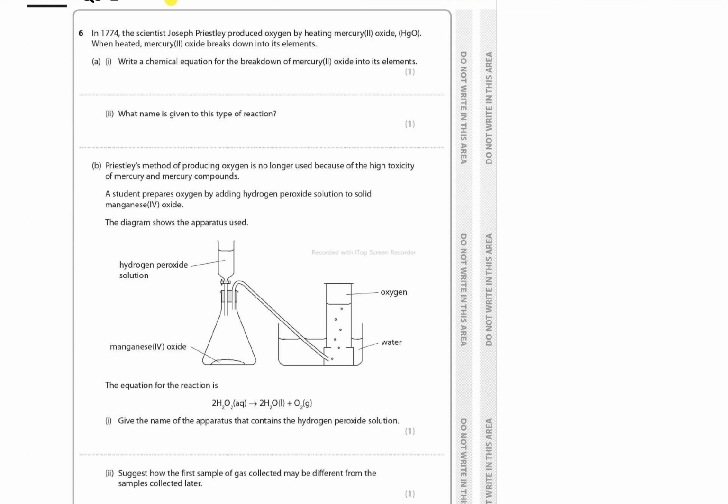Right, Mr. Priestley produced oxygen by heating mercury(II) oxide. Right, so we know he heated that, and we know he got oxygen. So now it's obvious then there's mercury left. Now we need to balance it.